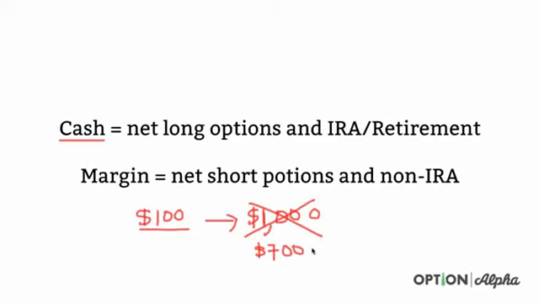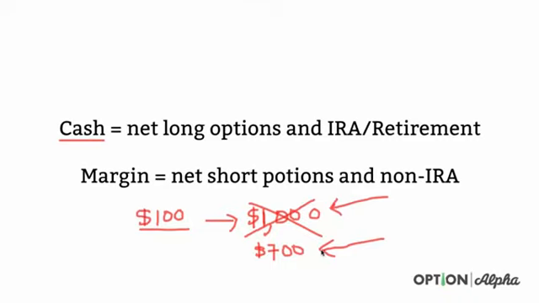But don't get confused here, because if the trade starts to go against you, you still can lose the maximum amount for that particular trade. I'll show you later on in video tutorials how we figure out what that amount is, but you can still lose that maximum amount. So don't assume that the initial margin requirement the broker carries is going to cover all of your risk in the trade. Okay, now this is again mostly with net short option positions, not net long option positions.